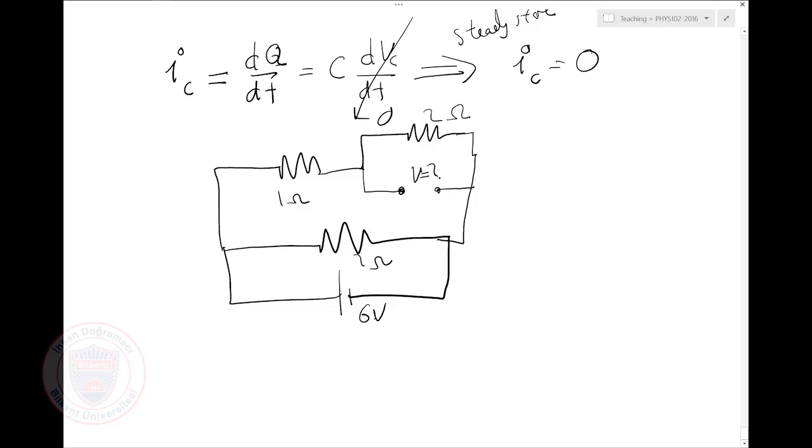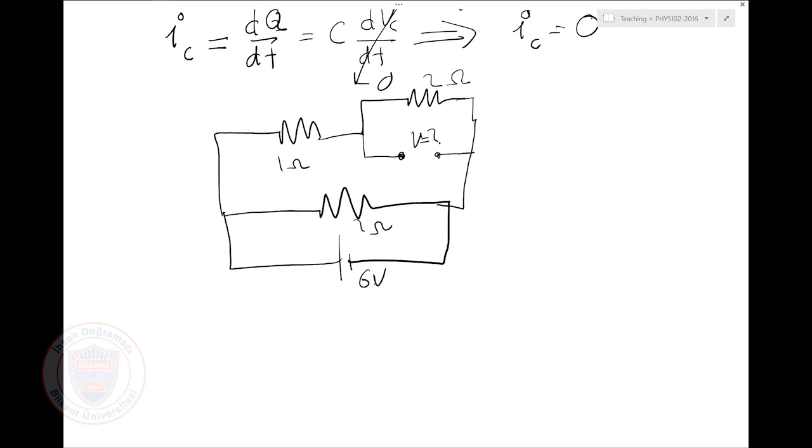All right? Good. Then can I find the voltage here? Of course I can. Can anyone tell me what's the result right away? What's the voltage there? 4 volts, good.